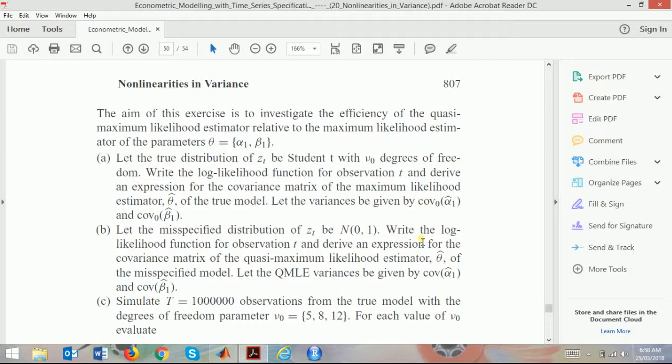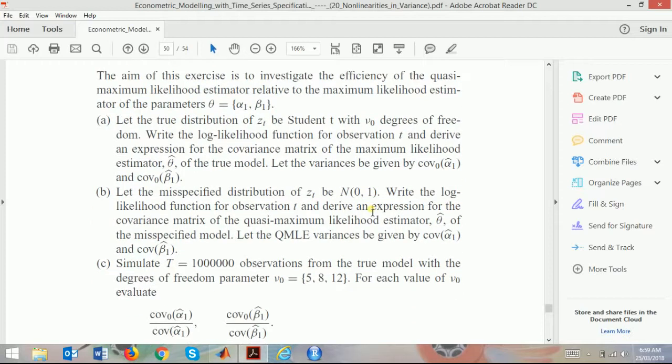So we are going to let the true distribution of z be Student's t with tau naught degrees of freedom, and write the log likelihood function for observation t and derive an expression for the covariance matrix of the MLE of the true model. We want to let the variance be the covariance of alpha hat and beta hat.